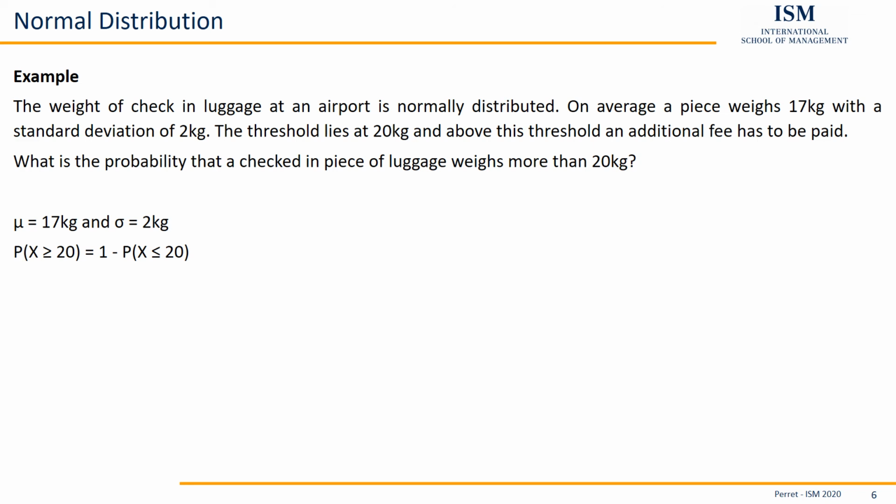Well, if you don't believe this, just turn back one slide and take a look at the second formula where I said, well, if you calculate the probability of an interval from A to B. Now imagine this interval to be from A to A. So from the probability of this being smaller than A, you subtract the probability of this being smaller than A. So you end up with 0.